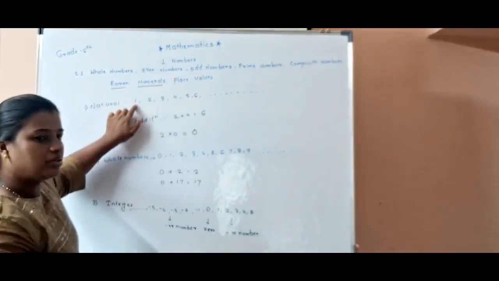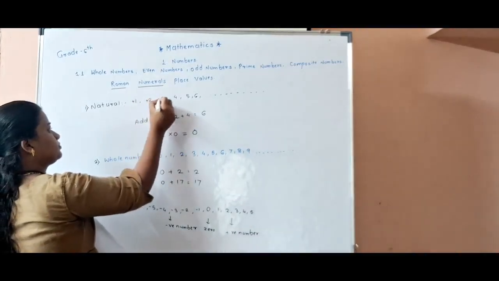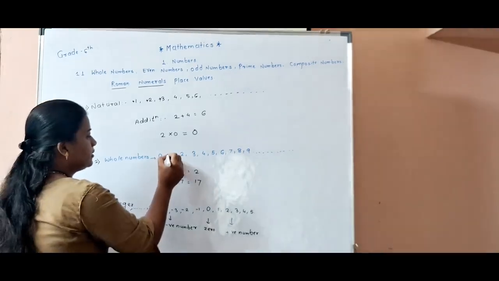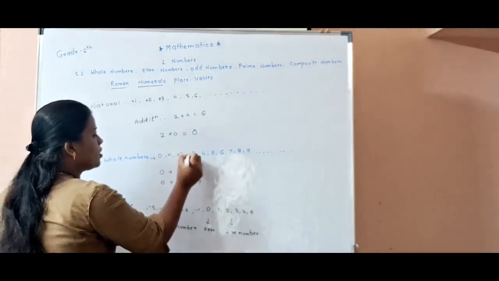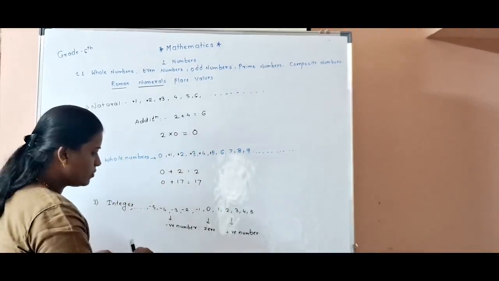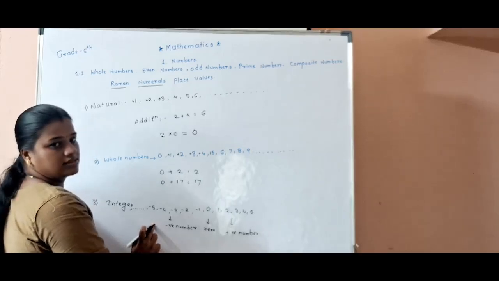Here in natural numbers, it was only plus. Then we added 0 to it. When a sign is not given, that is plus itself. And now we have added negative numbers.